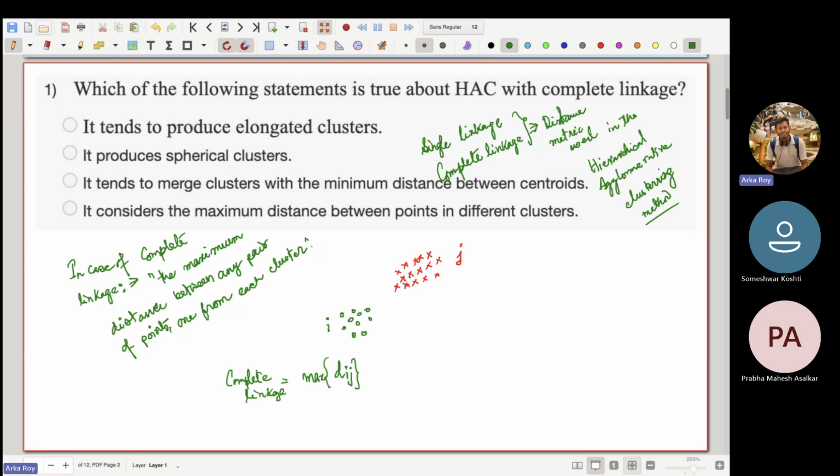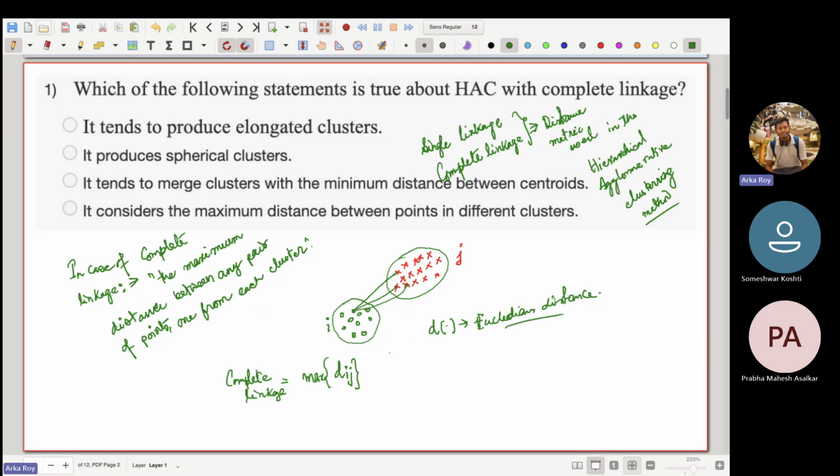From this point you are calculating the distance, from this point you are calculating the distance, and from this point too. This is one group and this is another group. From either group you choose a pair of points and calculate the distance, which gives you dij, where d is the functional representation of Euclidean distance.